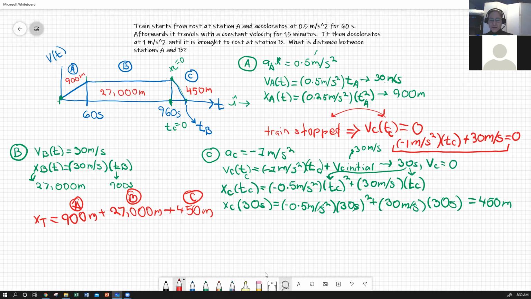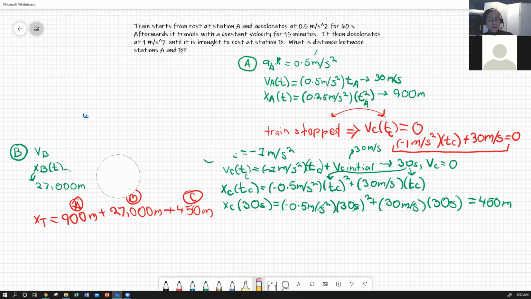Okay. So has everybody gotten what we did? Important takeaways: the relationship between acceleration, velocity, and position in any coordinate system. I'm going to erase where we're going.